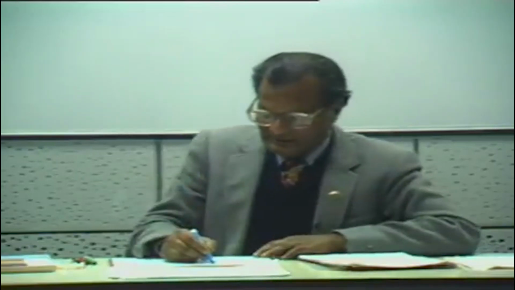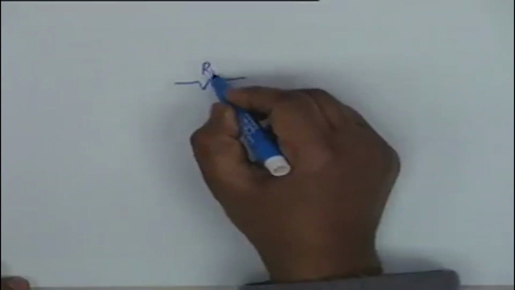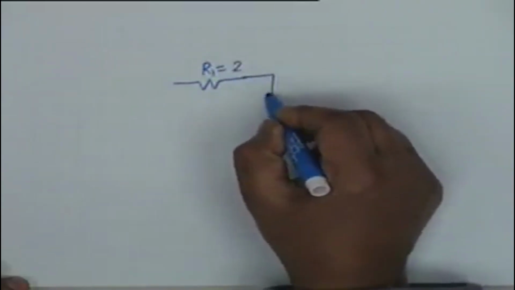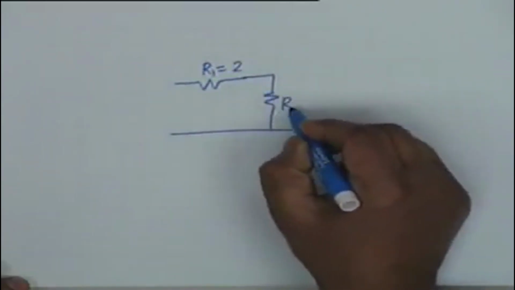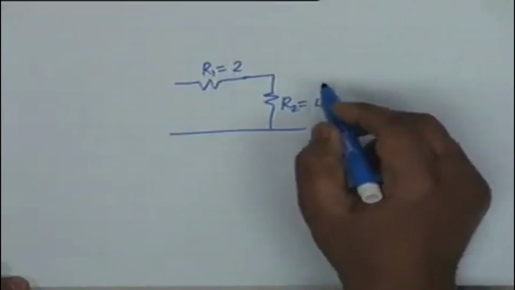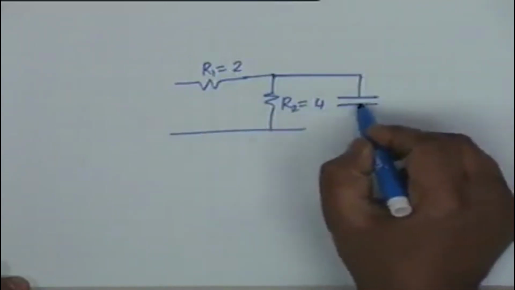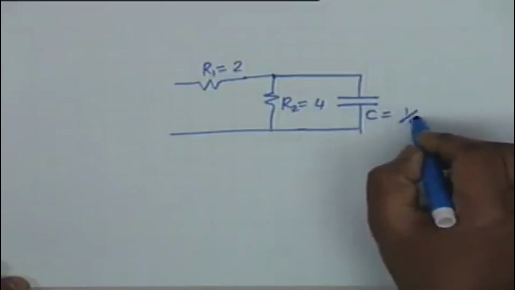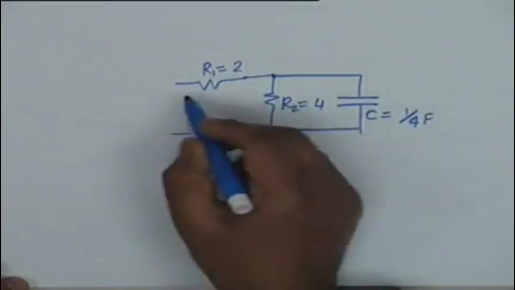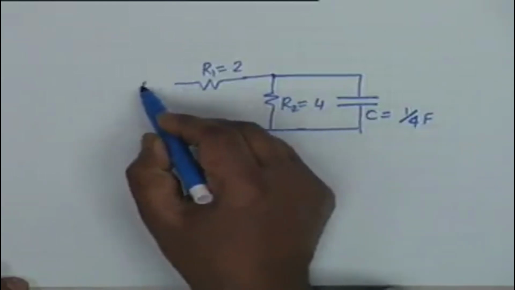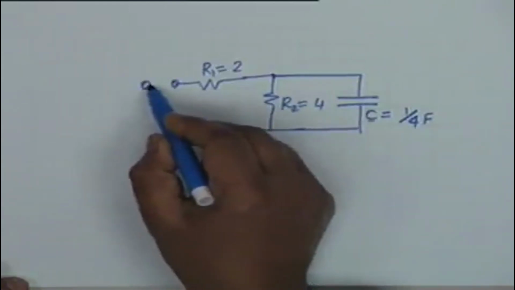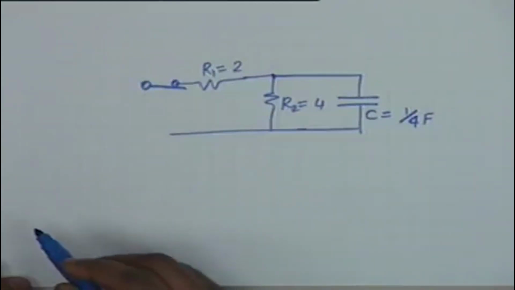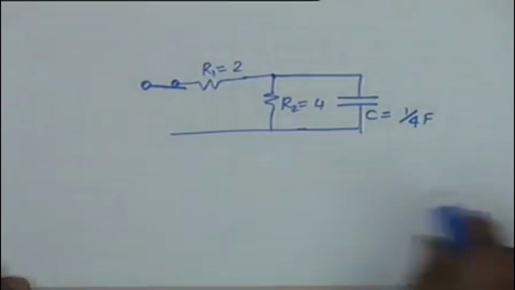Let us take the same example. R1 equal to 2 ohms. Please follow this carefully. R2 is 4 ohms and C is, let us say, 1/4 farad. And we have a situation like this. Let us say we have a switch.